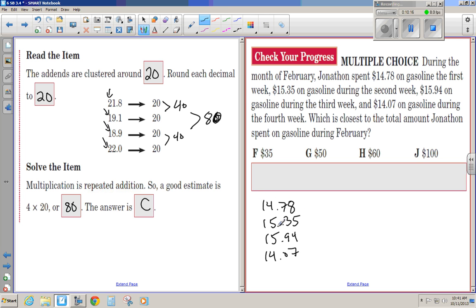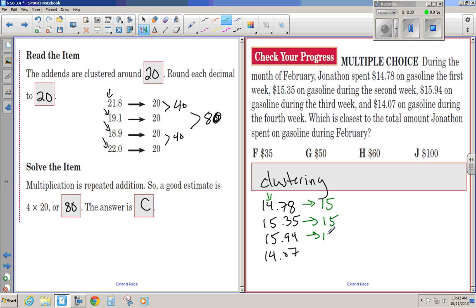Well, take a look at this. We're going to do clustering. They're all about the same amount, but we're going to round 14.78 to 15. 15.35, 15 and 35 hundredths would be about 15.